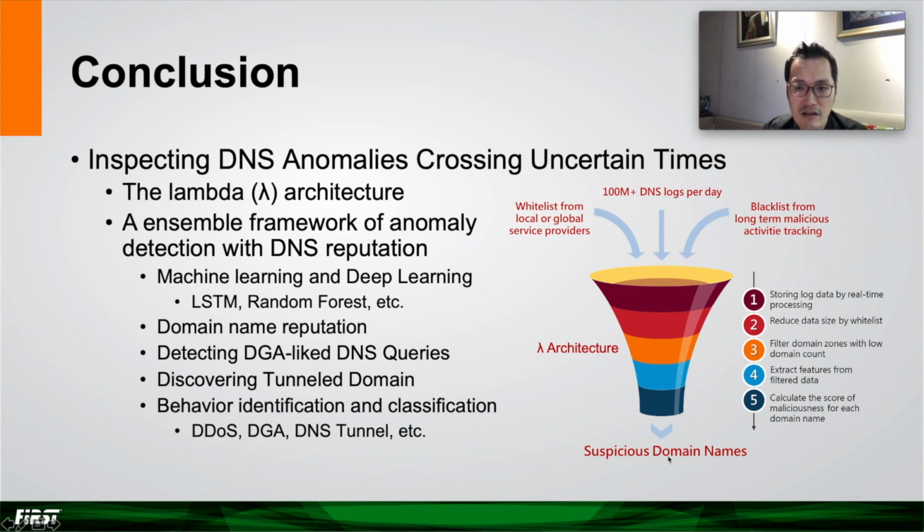Techniques such as the LSTM autoencoder are then used to memorize the normal and to identify the outlier behavior, which is the DNS tunnel behavior. This general method helps us find anomalies across uncertain time. That's what we are talking about today.